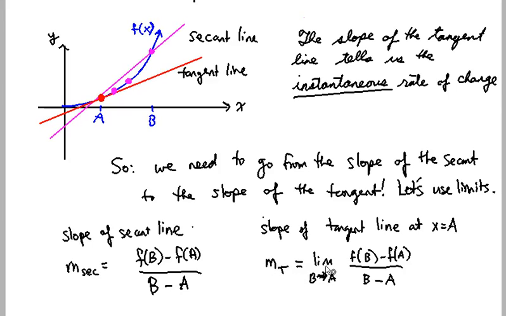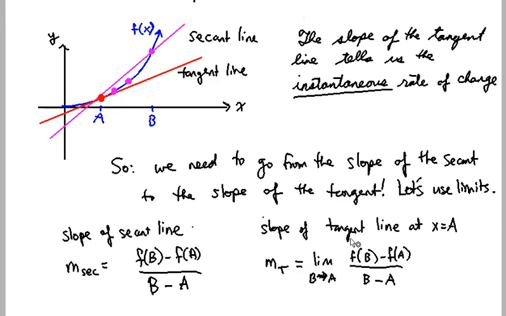The slope of the tangent line is the limit as B approaches A. As I get this B closer to A, the value that comes out of this expression, the slope, will be the slope of the tangent line. That makes sense, right? So hopefully you can relate the slope of the tangent line to the secant line.